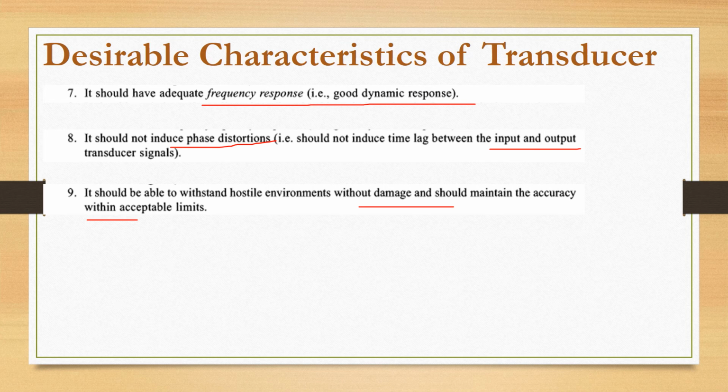So if your transducer is very delicate and not able to withstand the hostile environment, then it is possible that it can give some unacceptable readings, say during very hot weather or very cold weather. So your transducer should withstand hostile environments.